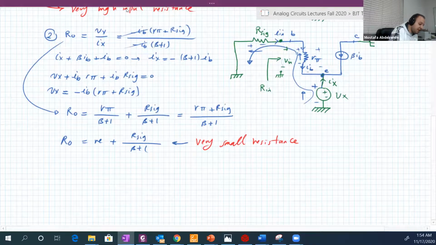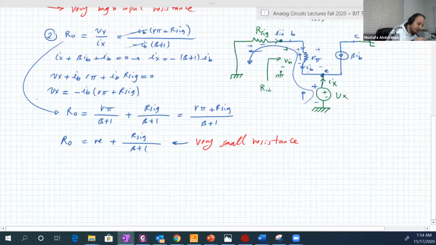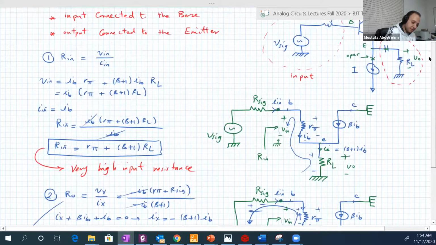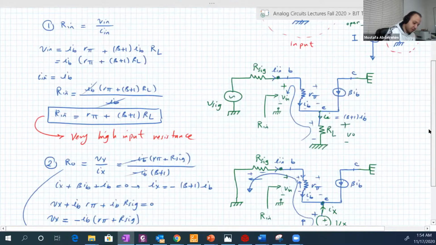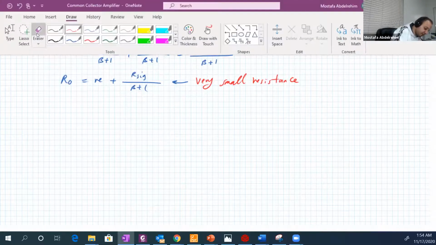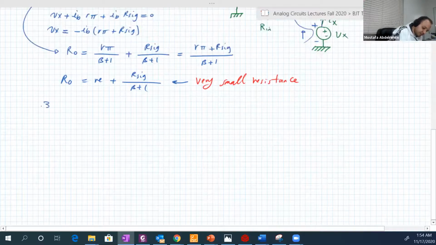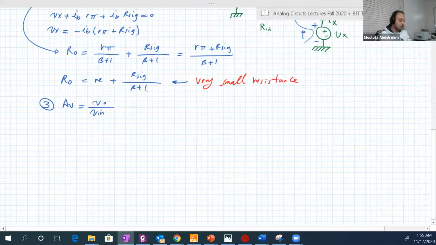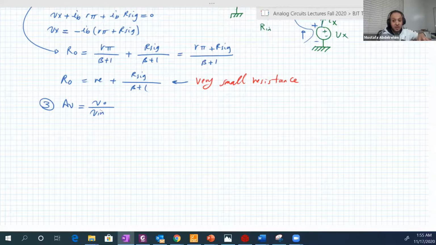How about AV? Let's have another page. I don't think we can continue here. Number 3, AV. AV is VO over V input. I will deduce AV now, and based on AV, we can get the open loop voltage gain.